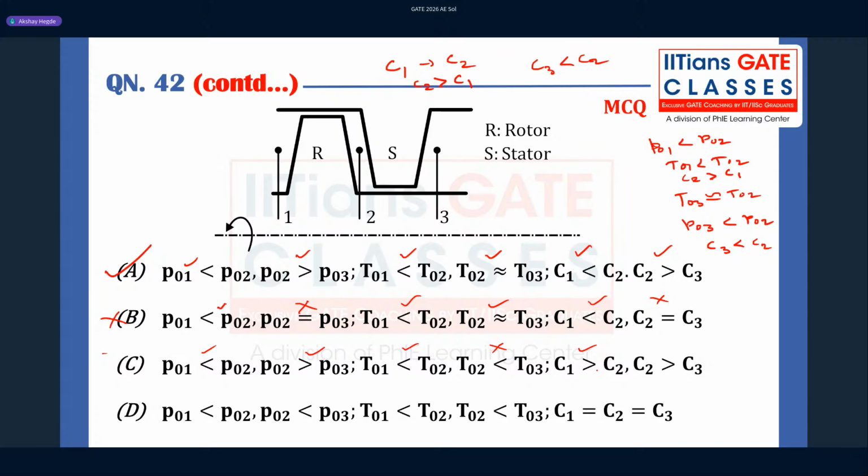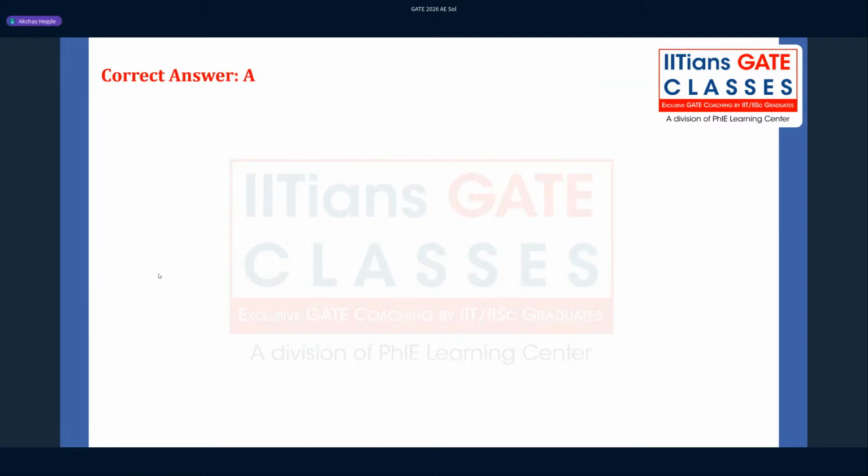Is it okay? C1 greater than C2? No, not correct. Okay, so this is also not true. Similarly, in this case, which one is not true? P02 less than P03. That's not correct. So for this one, the correct option is A.